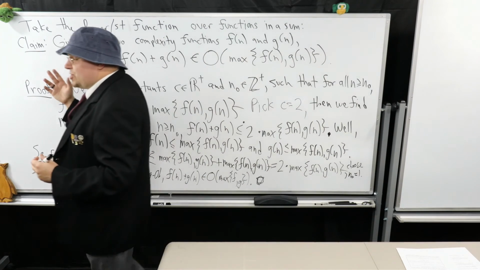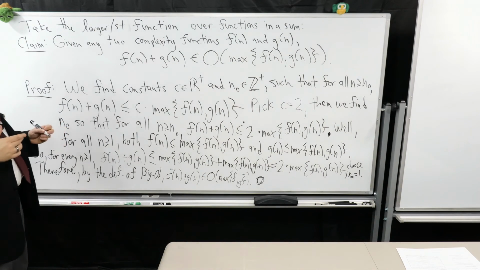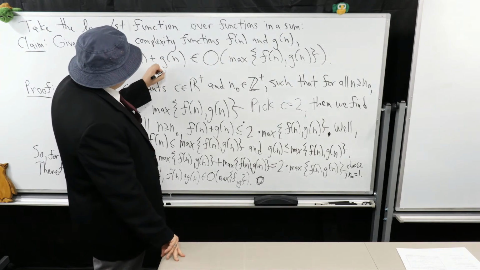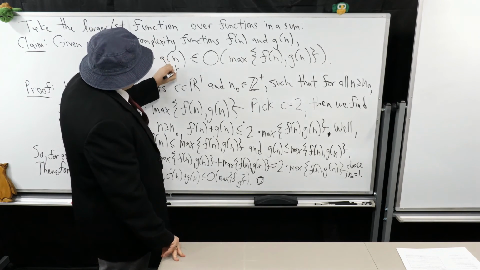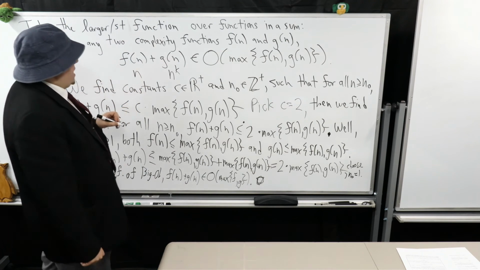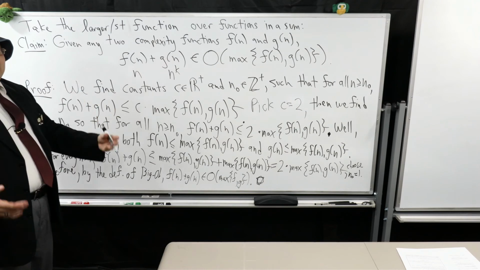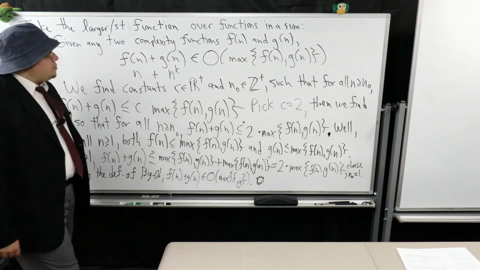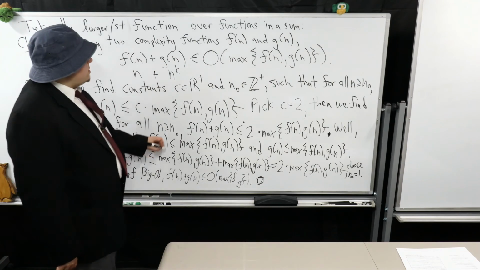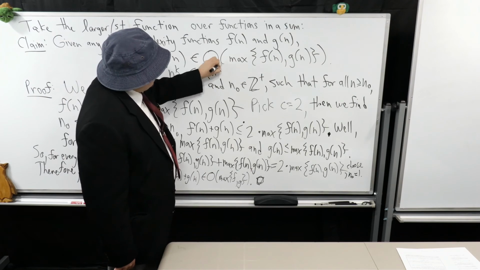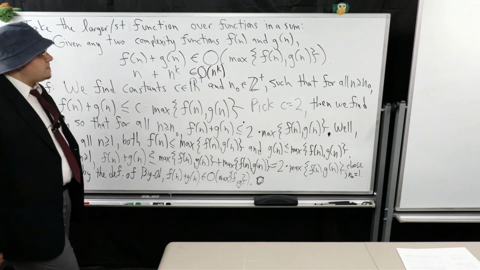Just as an illustrative idea, imagine if g was, for example, n to the k, and say f was just n. Based on what we know about polynomials, if I were to sum n plus n to the k, you'd agree with me probably that this should be big O of n to the k, for some constant k.